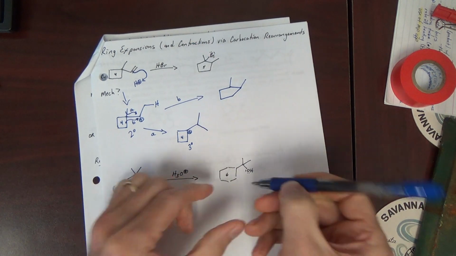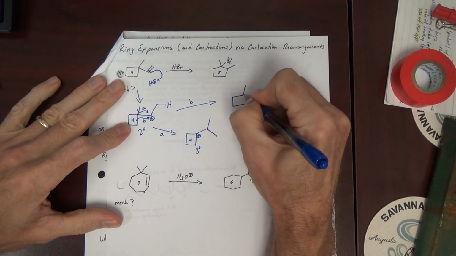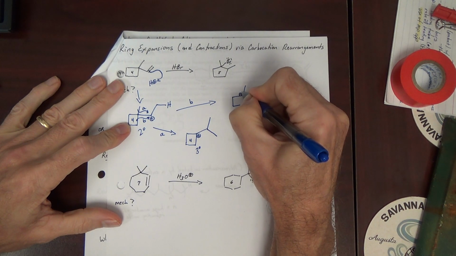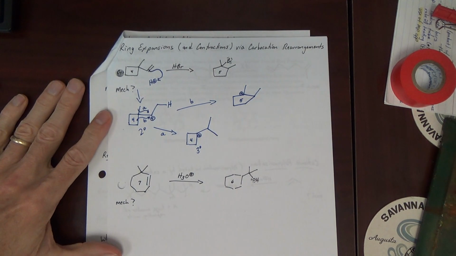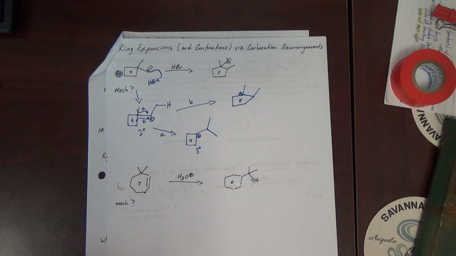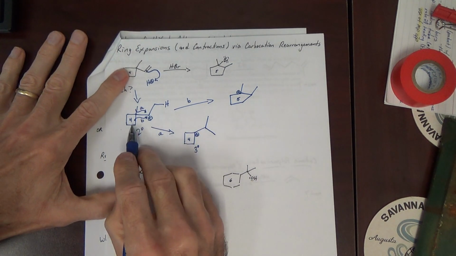That's a 4-membered ring, but look, first off, where's the positive charge now? It's right here. But this is now a 5-membered ring. That is a ring expansion by way of a carbocation rearrangement, by way of an alkyl shift.